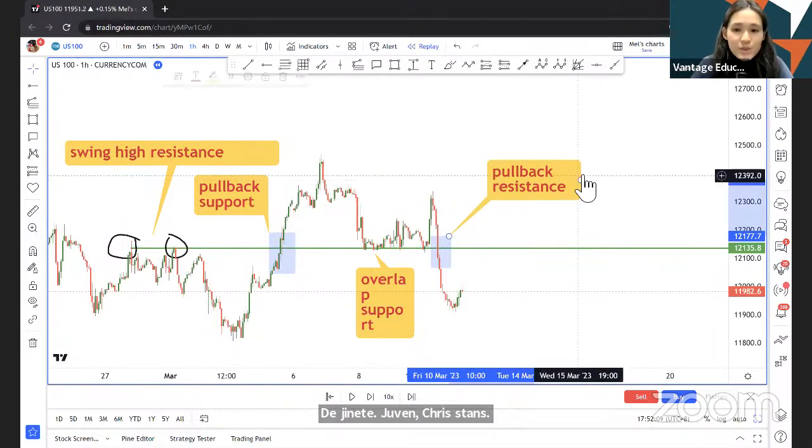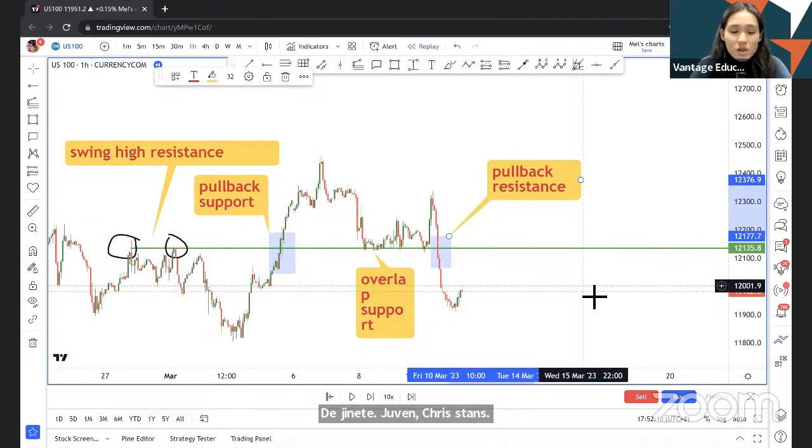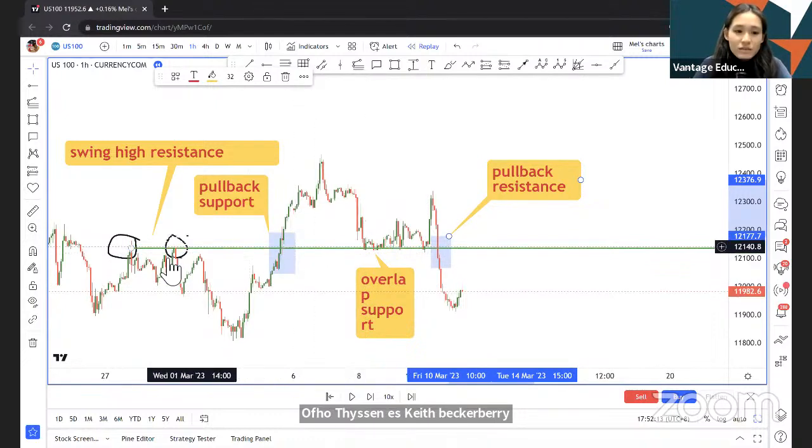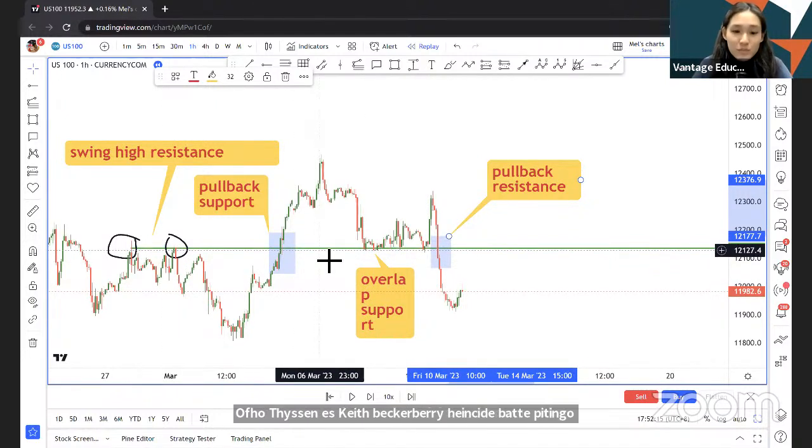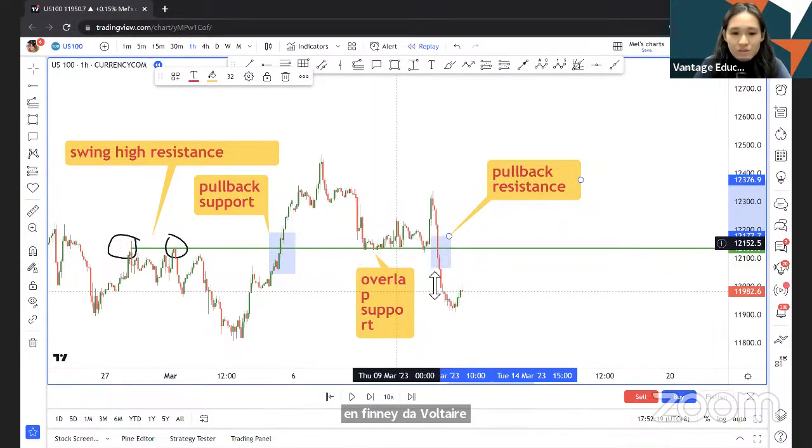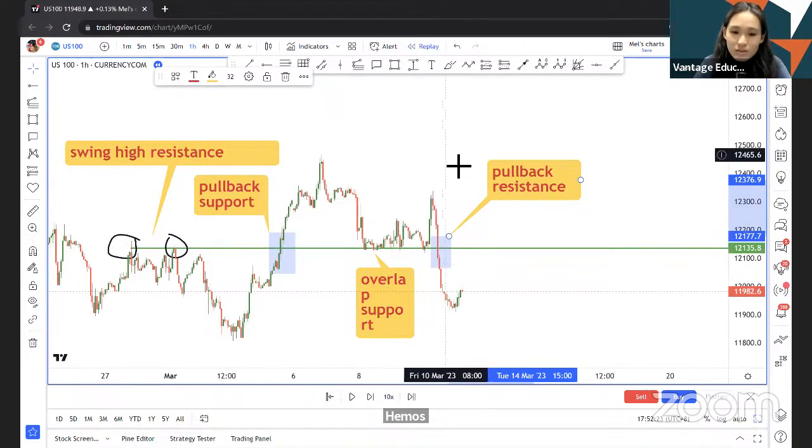Of course, in this case, we have the benefit of hindsight, but typically when you find a level that has pulled back once, it will normally come together with an overlap support and you can expect it to bounce off or reverse off of that level.